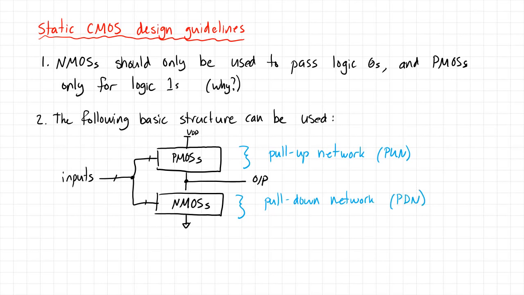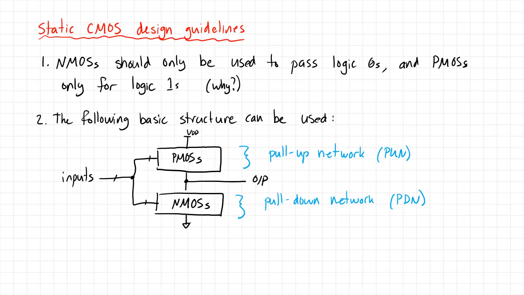Okay, so again, what we mean by this is that if a PMOS transistor in the pull-up network is going to be activated, it's going to be turned on, it's going to connect itself between VDD and the output, which means it's going to pull the output up to VDD. Now, hopefully, if we constructed our circuit properly, when that situation happens, no NMOS transistor in the pull-down network will be activated. Because if it were, one of those NMOS devices would turn on, it would connect the output to ground, and it would want to try and pull that output down to ground.